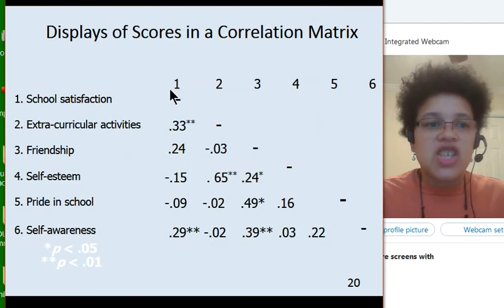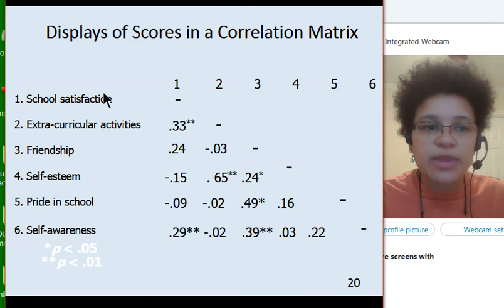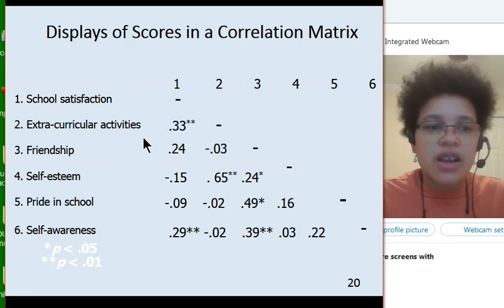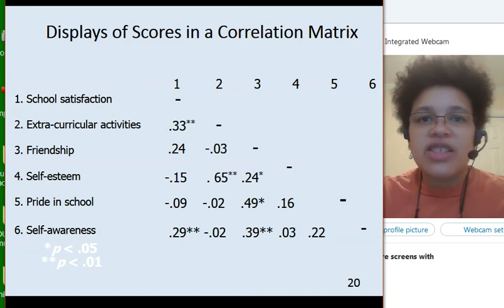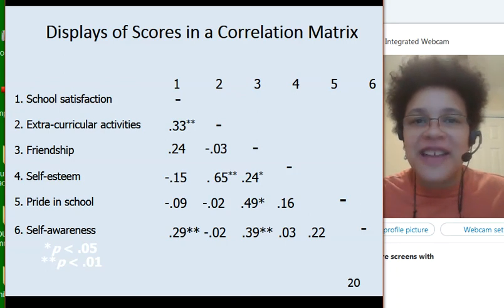Okay. So, there is a positive correlation between school satisfaction and extracurricular activities. There's a positive correlation between having friendships and school satisfaction. The self-esteem measure, the higher the person's self-esteem, the lower their school satisfaction.